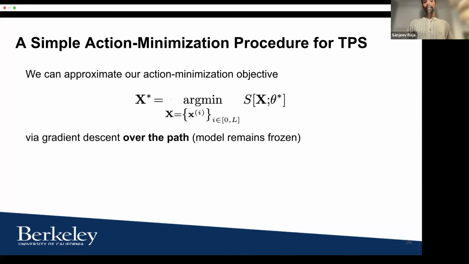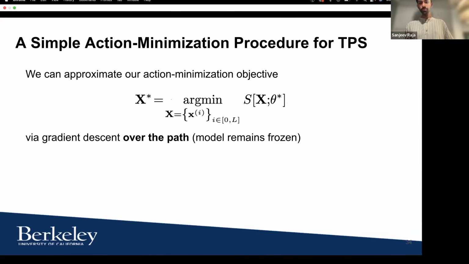So our procedure reduces to a very simple conceptual model: we literally just want to find paths which minimize the action induced by our model. We have some pre-trained generative model that's trained to produce IID conformations, and the goal is to use gradient descent over the path to find the path which minimizes this action.